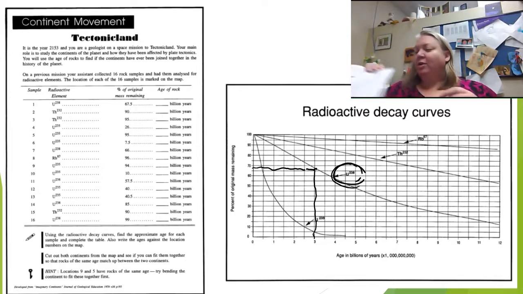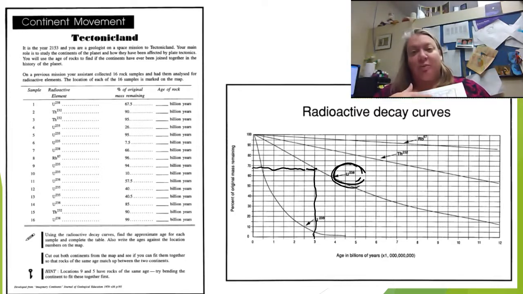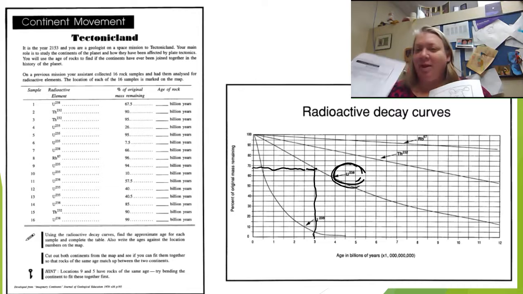So I would go back to my original, find number 1, and write a little 3 beside it because it's 3 billion years old. I'm going to do that for each of my rock samples on here. Then you're going to see if you can fit them together. There may be a hint on maybe this sheet. So check it out, see what you can find.